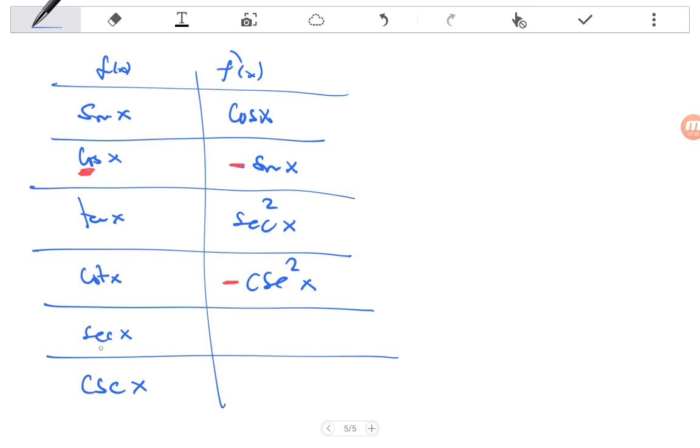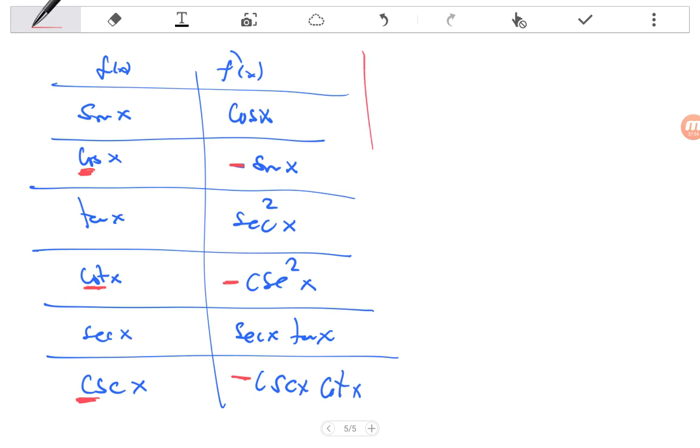Okay, what is the derivative of sec x? It is sec x tan x. And what is the derivative of cosec x? It would be cosec x cotan x, but with a negative sign, because I have a co on this side. So whenever I have a co like this, the derivative would have a negative sign.